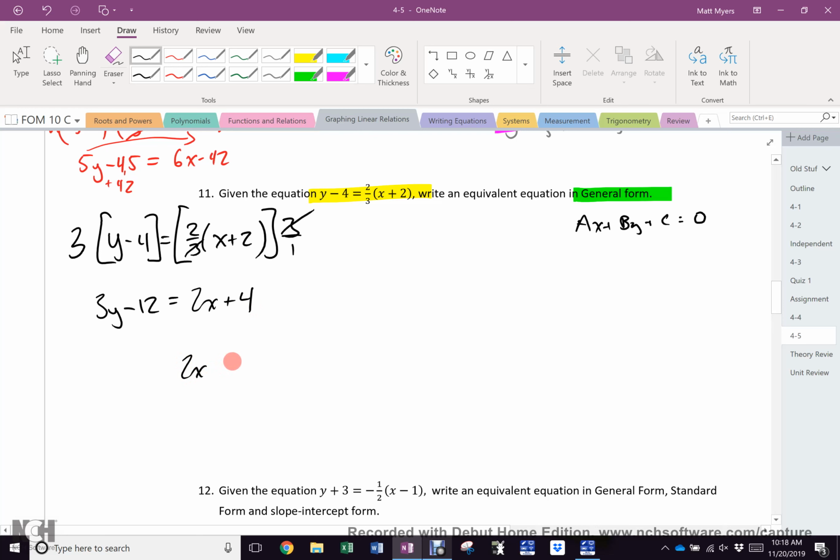Move y, so what is it going to be? Negative 3y, and then what? Minus 8. Positive 16, because everything's got to be on the same side.